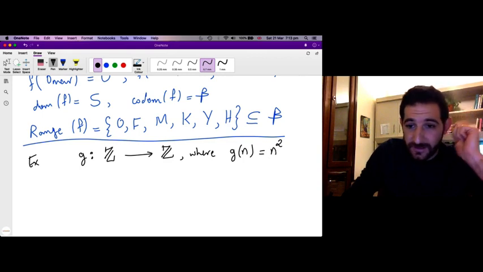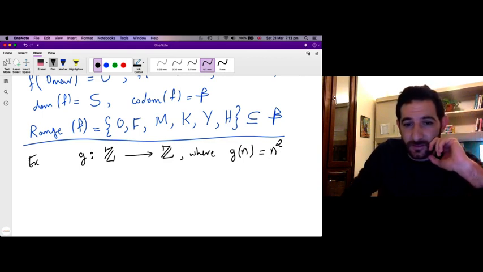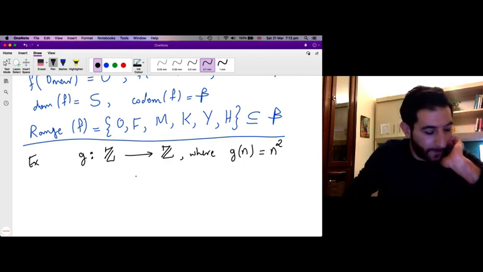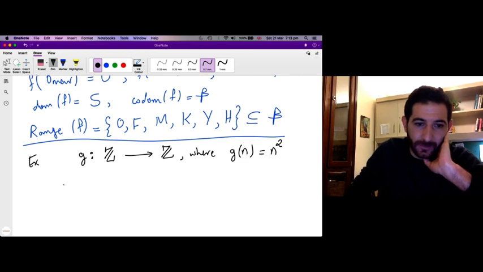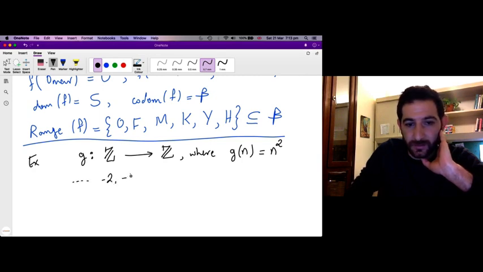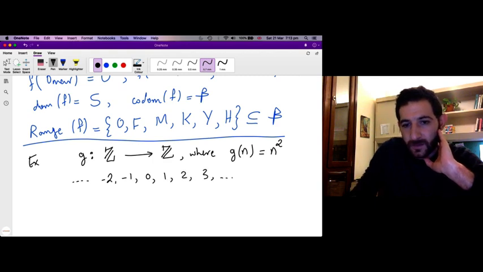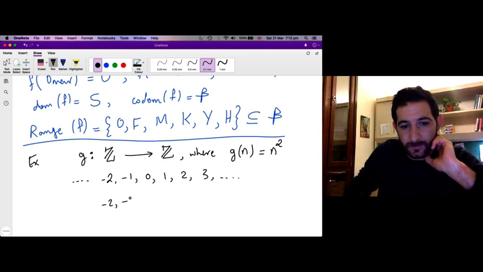So here notice that the square of an integer is an integer, so it belongs to this set. Here are the integers, and here is another copy of the integers.